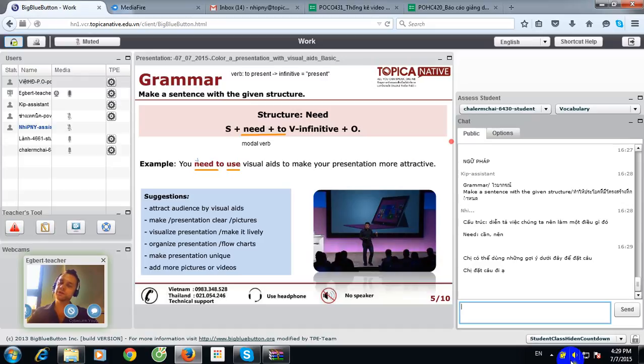You need to use body language to attract the audience, also by using visual aids, maybe. But a good sentence. And then Chalem Chai. Yes. You need to make presentation unique. You need to make the presentation unique, for example. That's good. Yes. And then another one. Lang, can you make one more sentence?